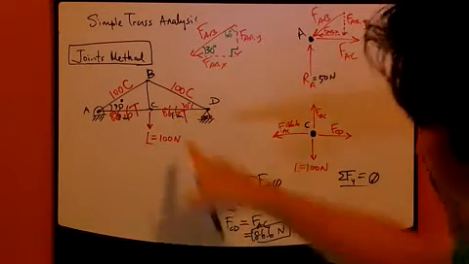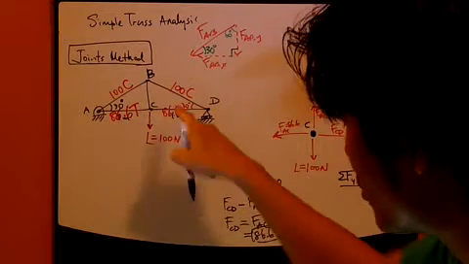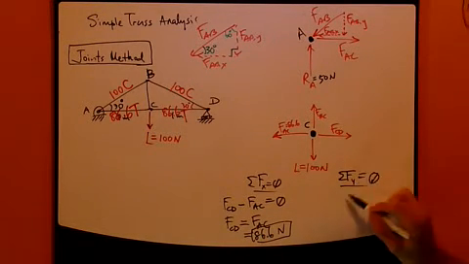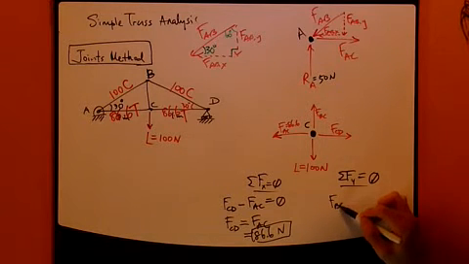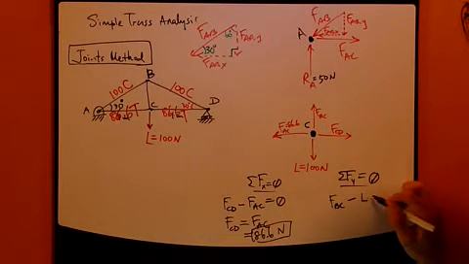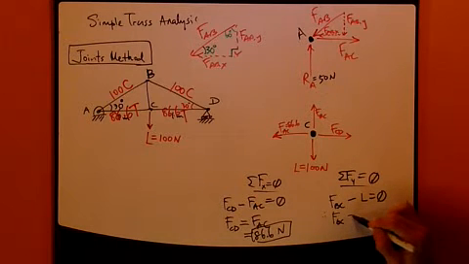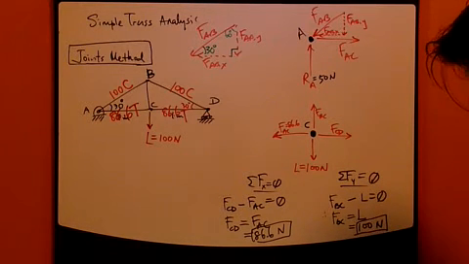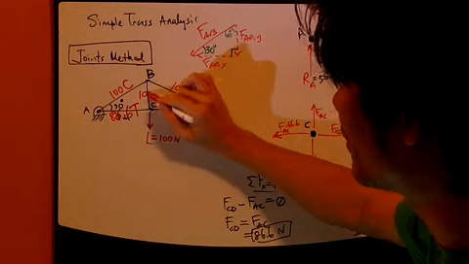So we've just proven that it's actually symmetrical. What about this guy right here? Sum of forces y: only these two guys in the y direction, so FBC minus L equals 0. So FBC equals L. L is 100 Newtons. Therefore, FBC is 100 Newtons. There we have it.